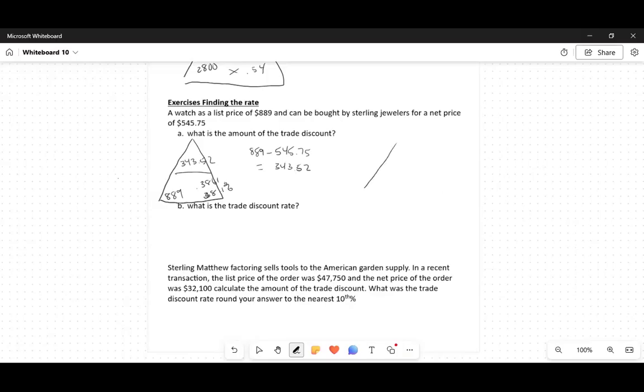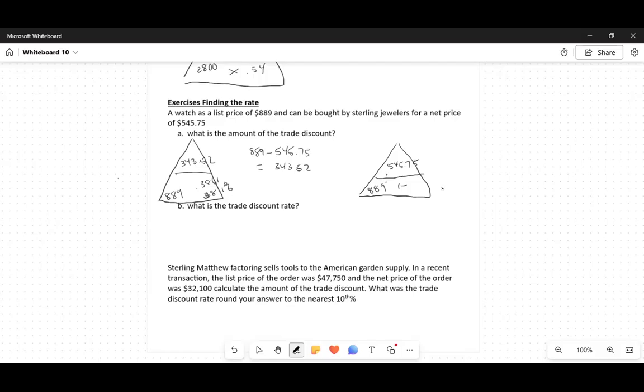Or if I'm getting a 38% discount, that means the opposite of 38 is the amount that I'm going to be paying. So I could have just put the 545.75, the net price, here, and the list price here, and I could have divided them, and then whatever the answer is, I would subtract from 1.